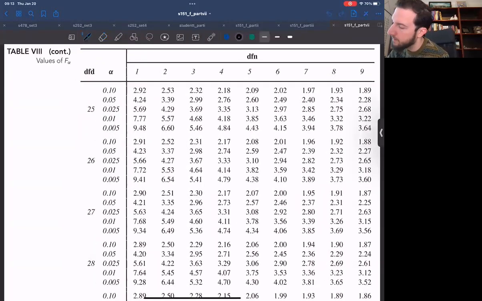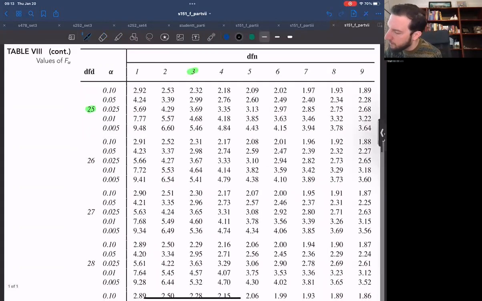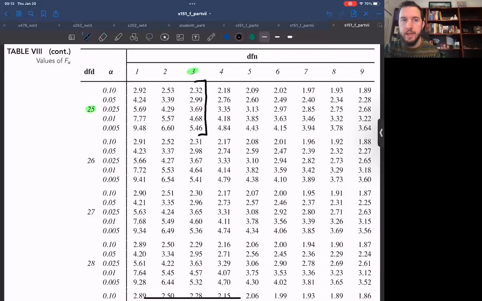Okay, so here is 3, here is 25. Now what we do is consider this block of values and look at where 0.1 fits in among this block of values. We can see that here would be 0.1. So 0.1 is smaller than the smallest listed F value.